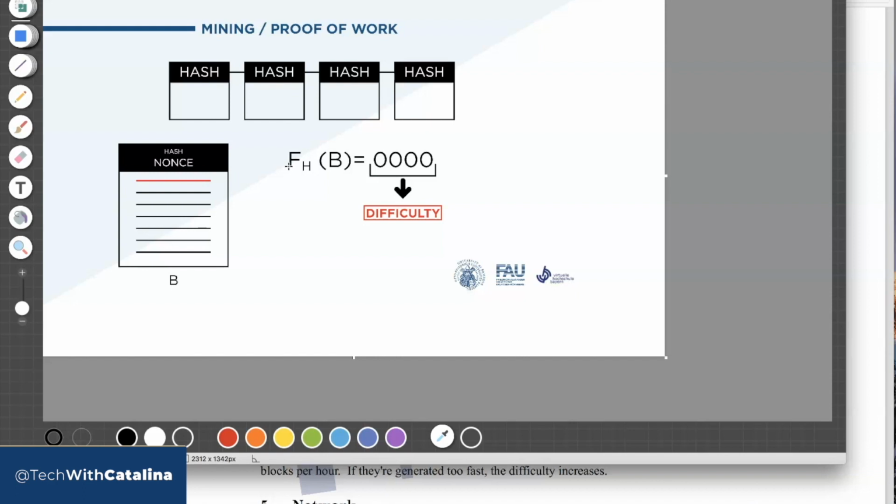That means that the difficulty in Bitcoin is adjusted every 2016 blocks, which in terms of time means every 2 weeks on average, okay?